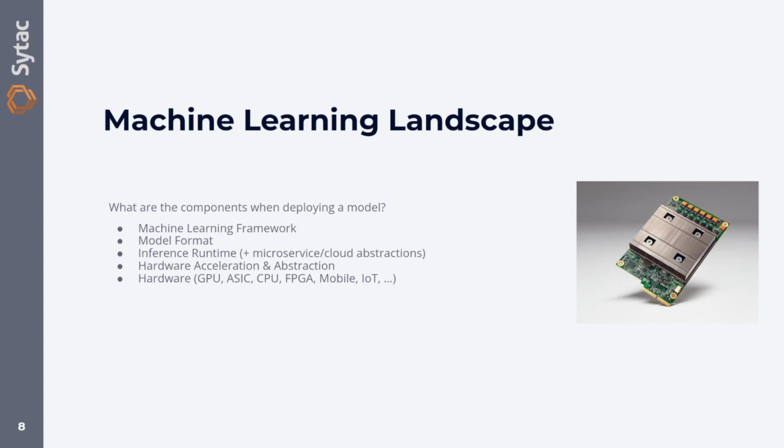So if you're deploying machine learning models, you have a huge toolbox of things that you need to get it running in production, right? So you can do it simple, but if you have more complex use cases, you're going to want to pick and choose what direction you want to go in.